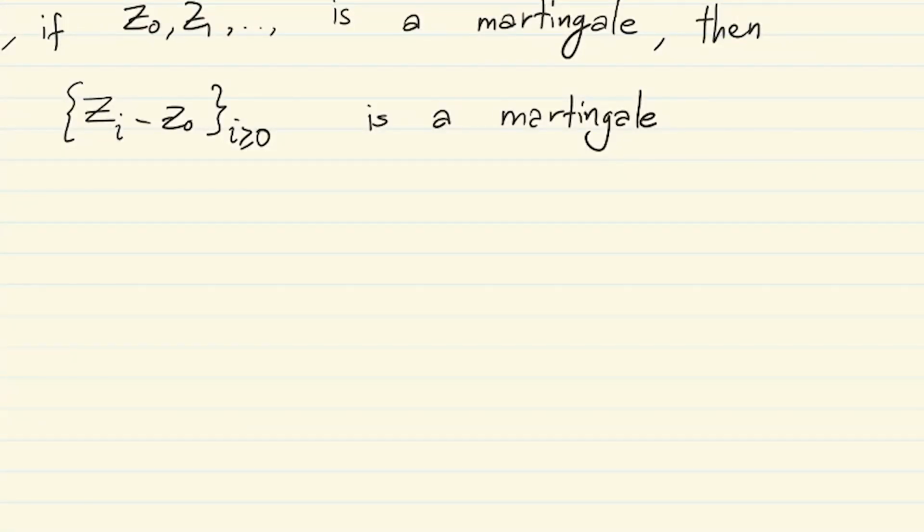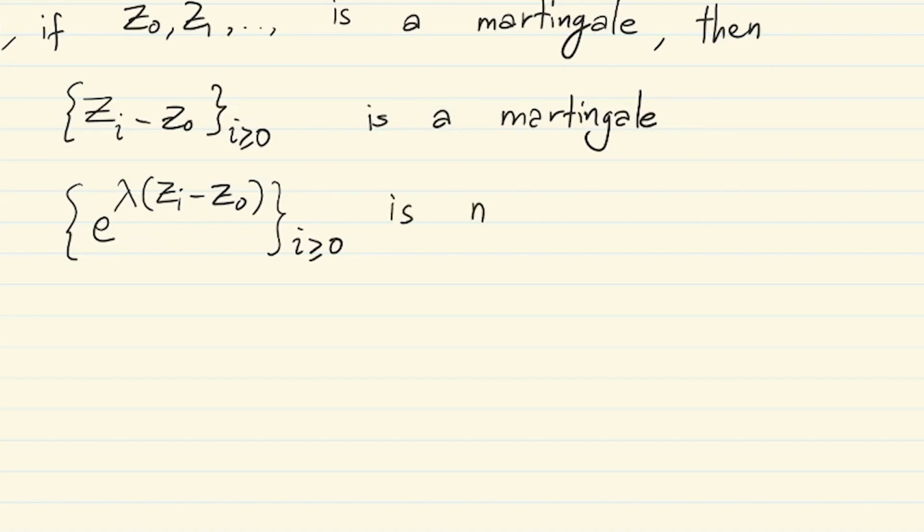Now we can apply the function e raised to lambda times to each of these martingale elements. So let's consider e raised to lambda times Zi minus Z0, over all i. Firstly this is a non-negative stochastic process, obviously, and it actually turns out to be a submartingale.